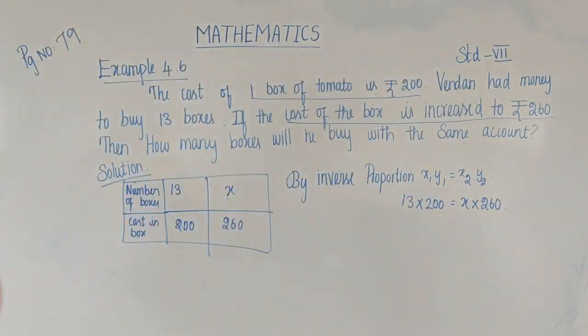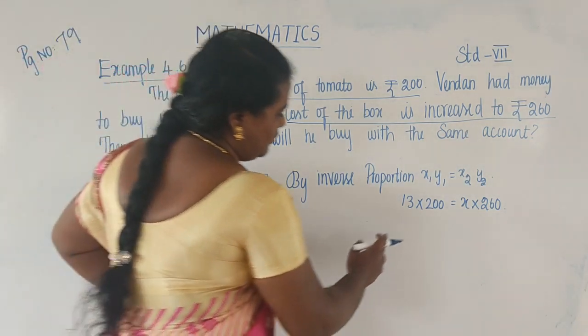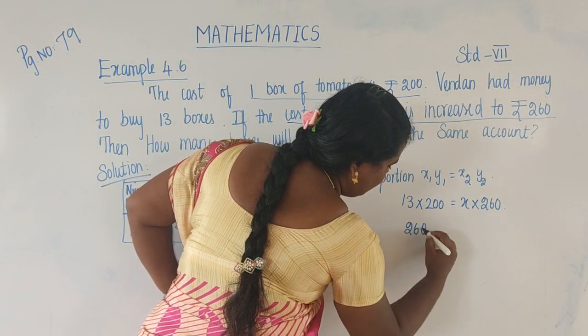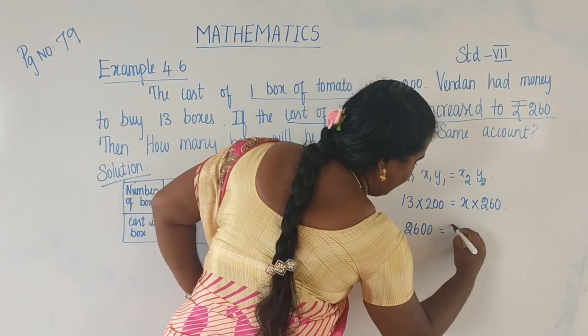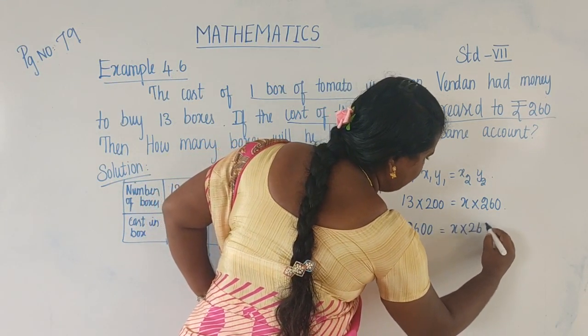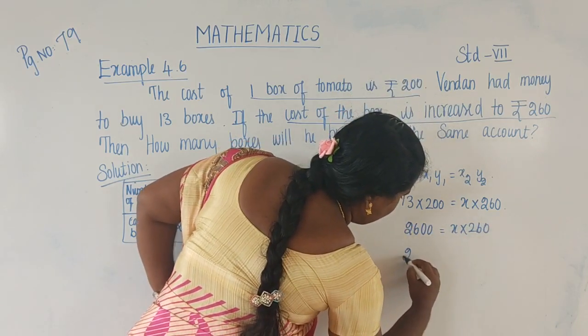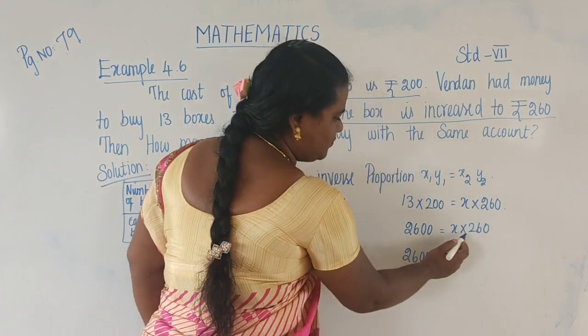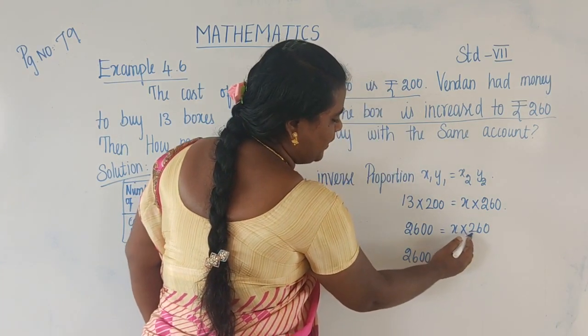Okay, students, multiply and say the answer. 13 twos are 26, so 26 and double 0, 2600. Also x into 260.